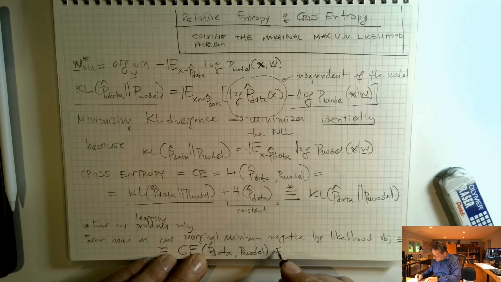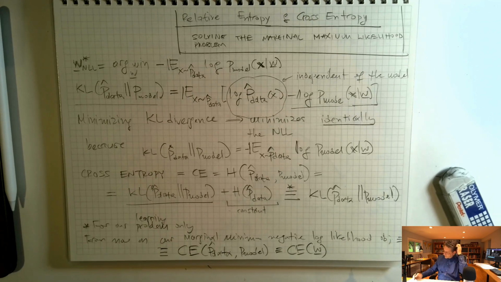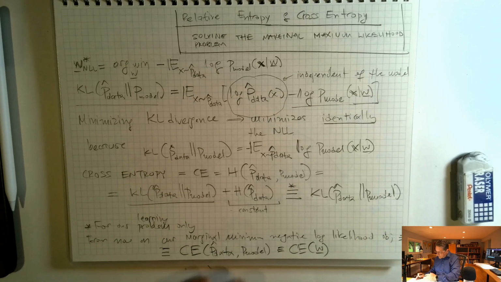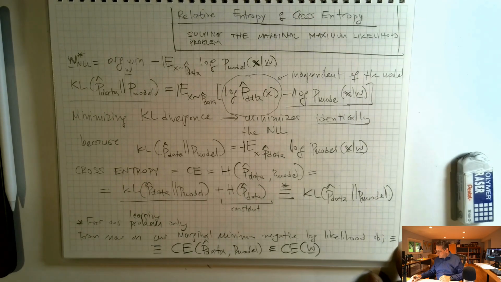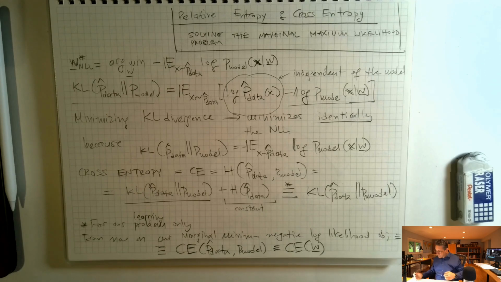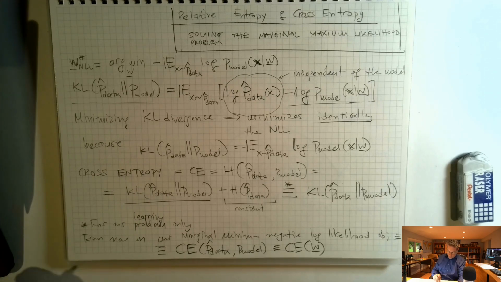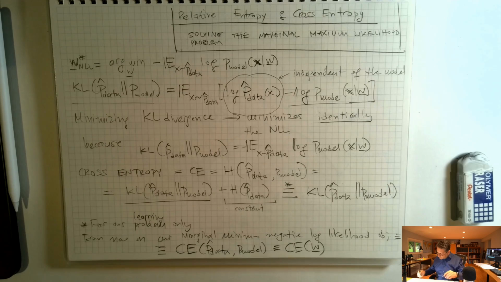So for now we will just call it cross entropy of W, because we know that this is a function of only the parameters W. Later, when we introduce back our labels, then we will be calling it cross entropy of Y hat comma Y. But for now, we can just leave it as such. And therefore, we hope that by minimizing it, in other words the minimization of the distance between P data hat and P model, is an intuitively now understood concept.